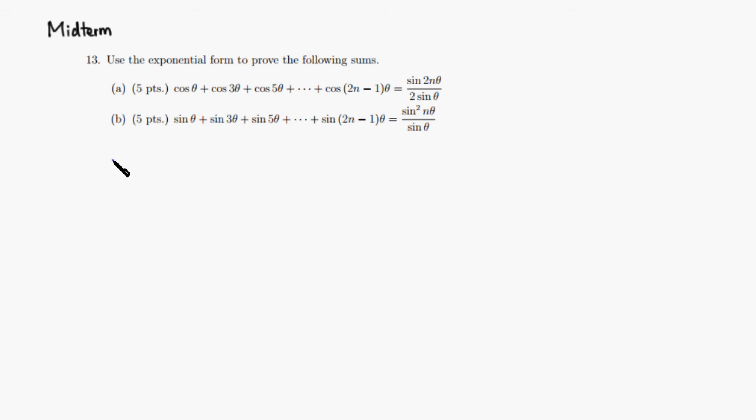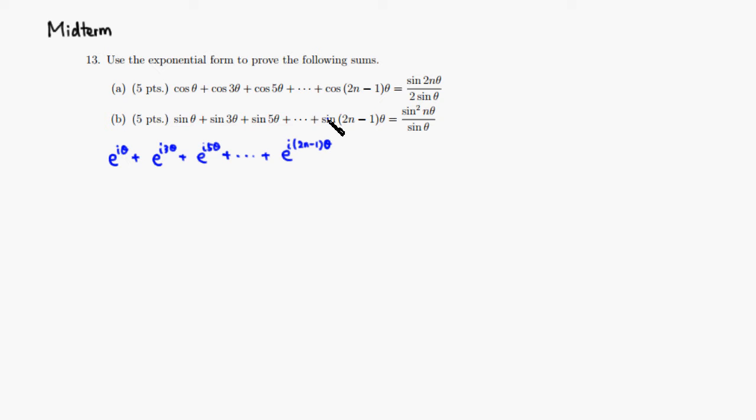For example, we can just look at e to the i theta, then e to the i 3 theta, plus e to the i 5 theta, and so on, going up to e to the i (2n minus 1) theta.